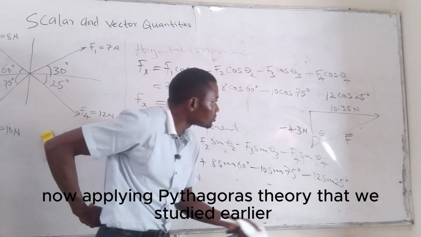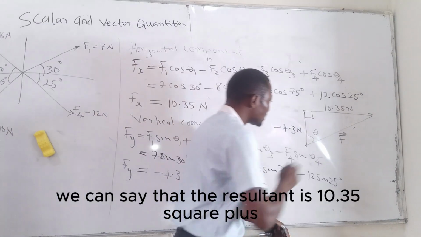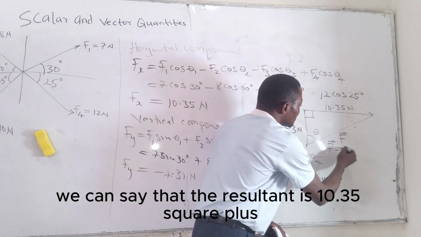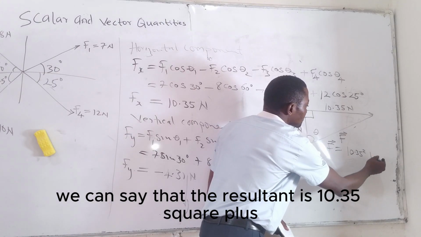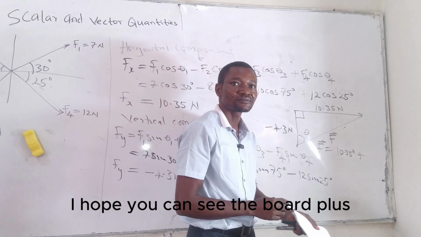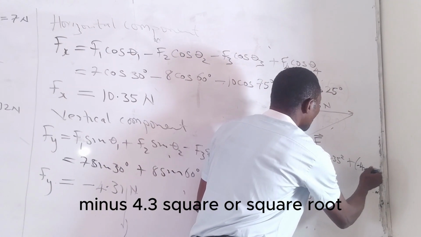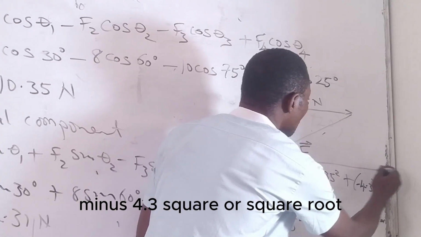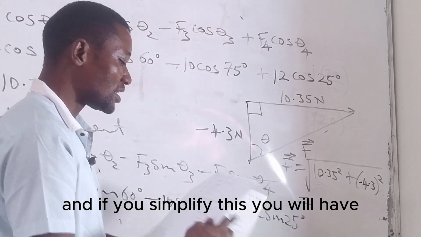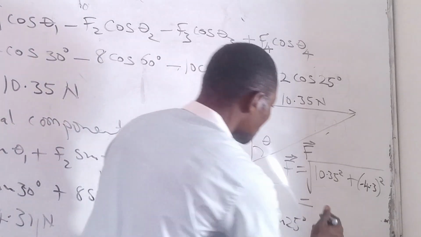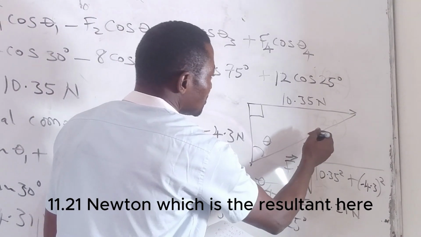This is very simple now. Applying Pythagoras theorem that we studied earlier, we can say that the resultant is the square root of 10.35 squared plus, I hope you can see the board, minus 4.3 squared. And if you simplify this, you will have 11.21 Newton, which is the resultant here.